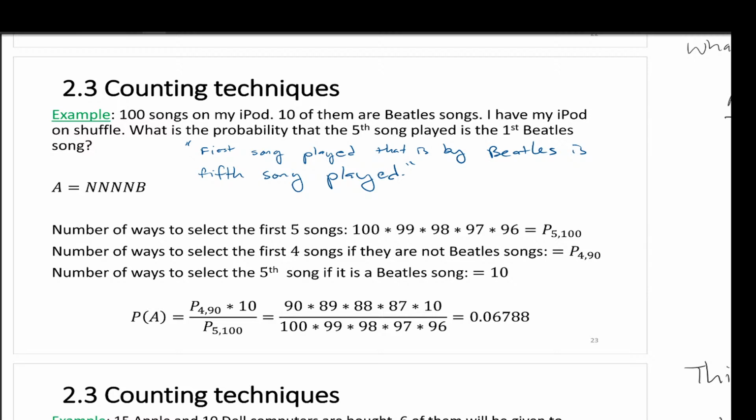The first song played that is by the Beatles is the fifth song played overall in the playlist. So we want to find the probability that this happens. How often does this happen, that you play 4 non-Beatles songs and then a Beatles song? How often is that going to happen when you randomly shuffle your playlist? And we assume that once a song's played, it's not going to pop up again in the playlist.